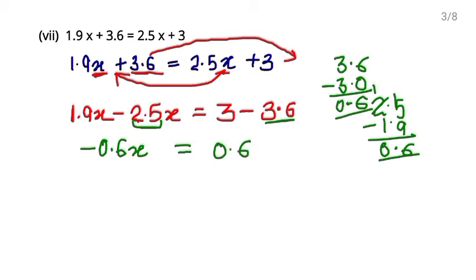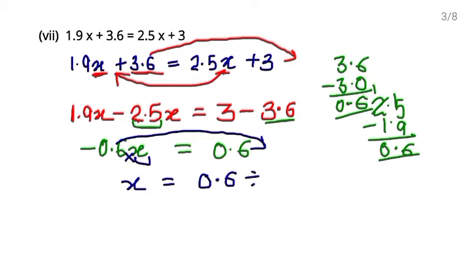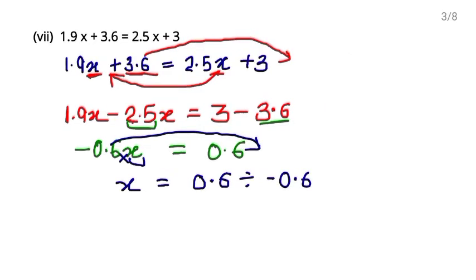This minus 0.6x is also equal to minus 0.6 multiply x, and you want to find the value of x, so leave it alone. Now this minus 0.6 was in multiplication with x. After moving to the other side, this will be in division. Now you are dividing 0.6 by minus 0.6.